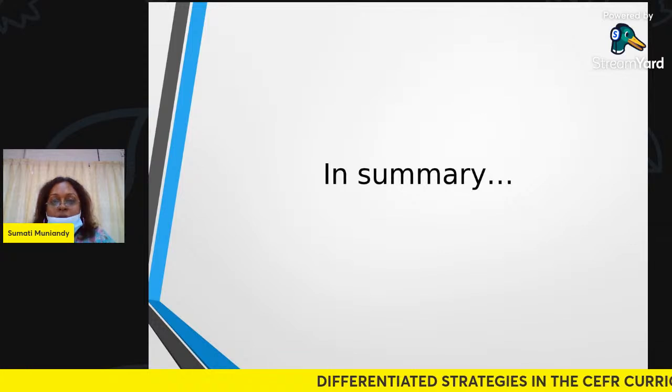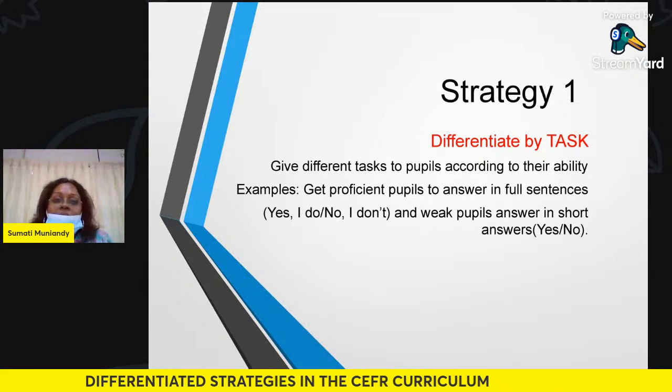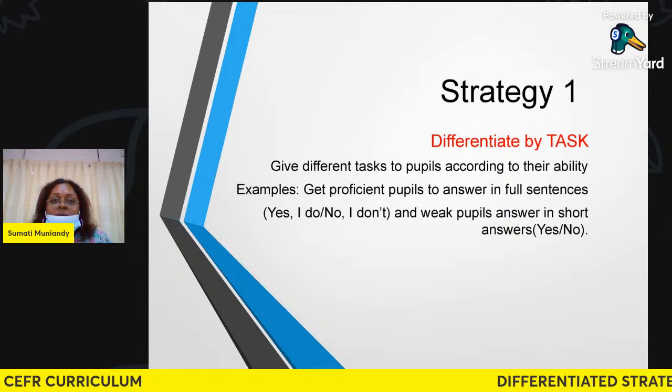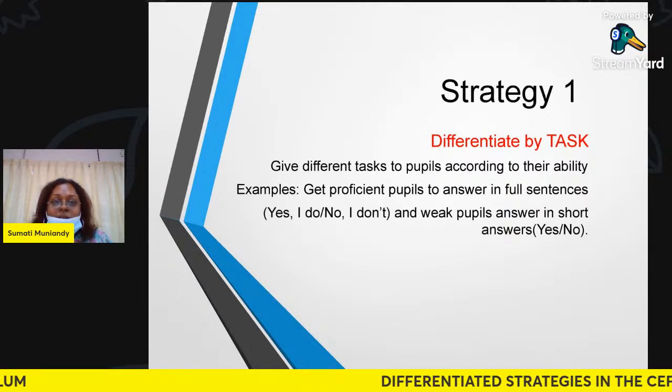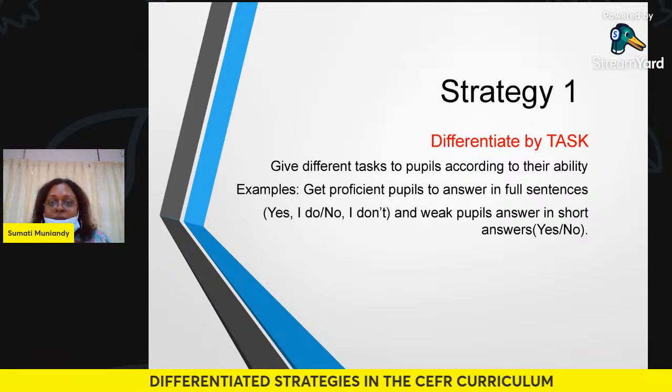Okay, in summary, strategy one: differentiate by task. When you give the task, you have to differentiate. Give different tasks to pupils according to their ability. All right.